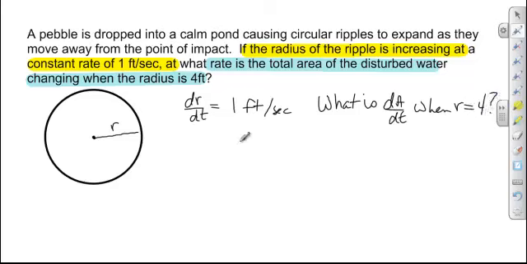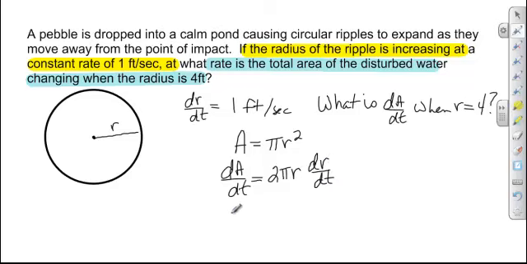So you start by writing the equation that gives you the relationship between radius and area. So that's A equals pi r squared. Differentiate that with respect to time. And that would be 2 pi r times dr over dt.